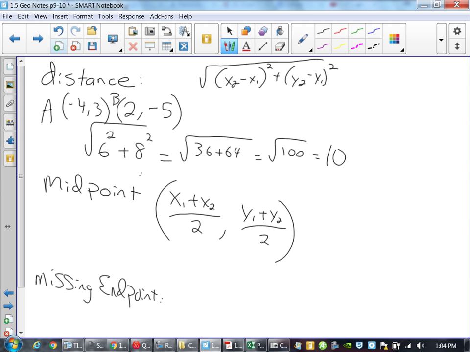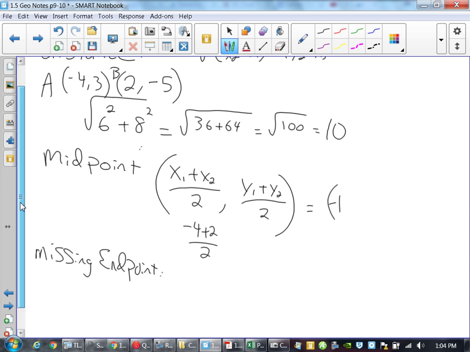So what's -4 plus 2? What's half of -2? What's half of 2? So what's half of -2? That's it. Then I do the same thing with the y values. 3 and -5.